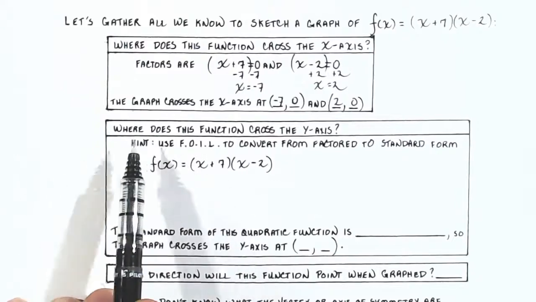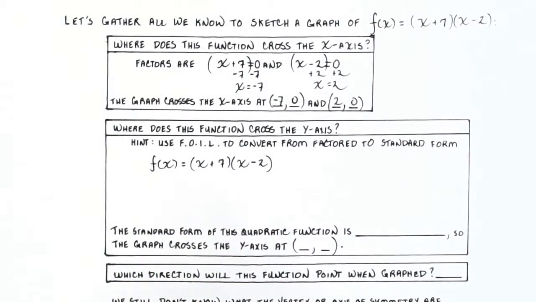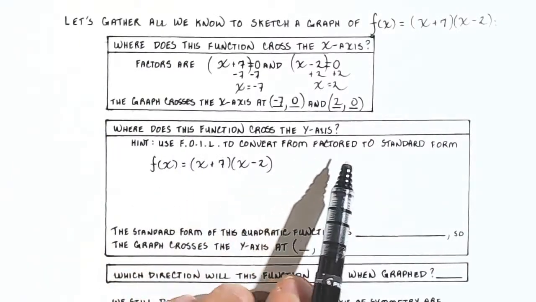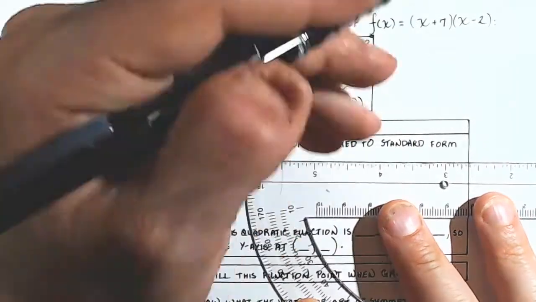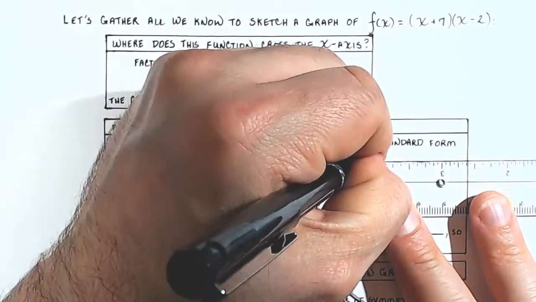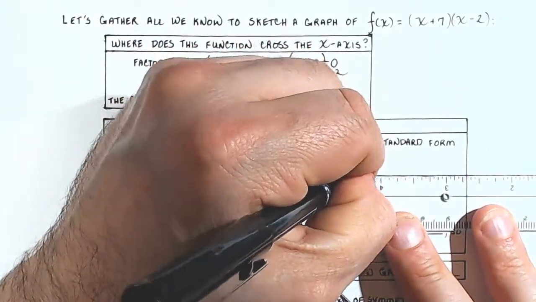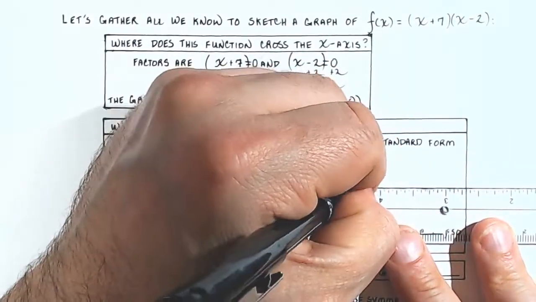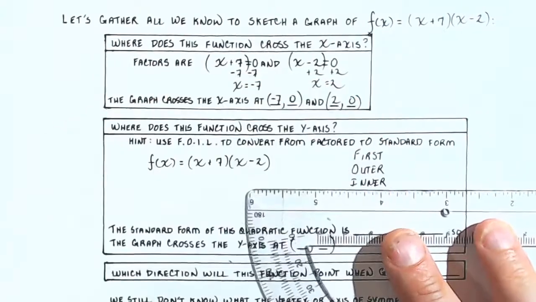Next question. Where does this function cross the y-axis? So we're trying to find the y-intercept. Hint, use FOIL to convert from factored to standard form. Remember, FOIL is an acronym, and it stands for first, outer, inner, last.